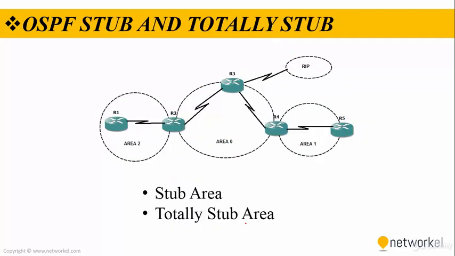The OSPF stub and totally stub structure was developed to reduce the size of the OSPF database and the routing table. For example, on router 1, if we type show ip route, it can be seen that even the route records from the RIP network, this guy, are in the routing table of router 1.